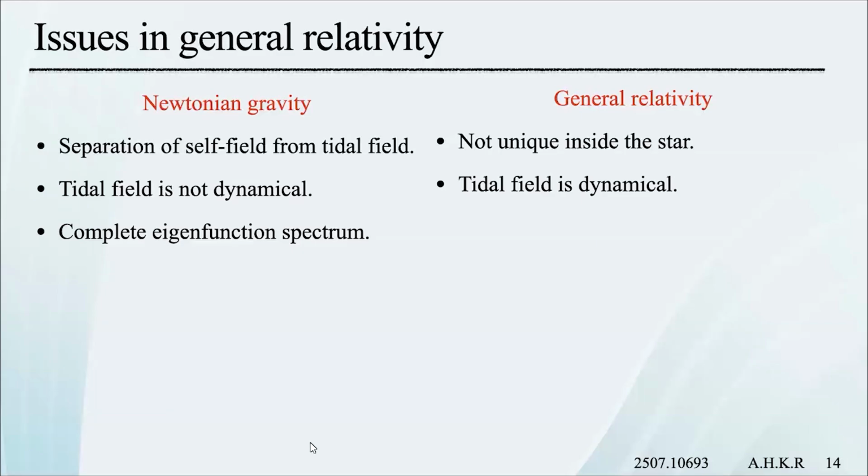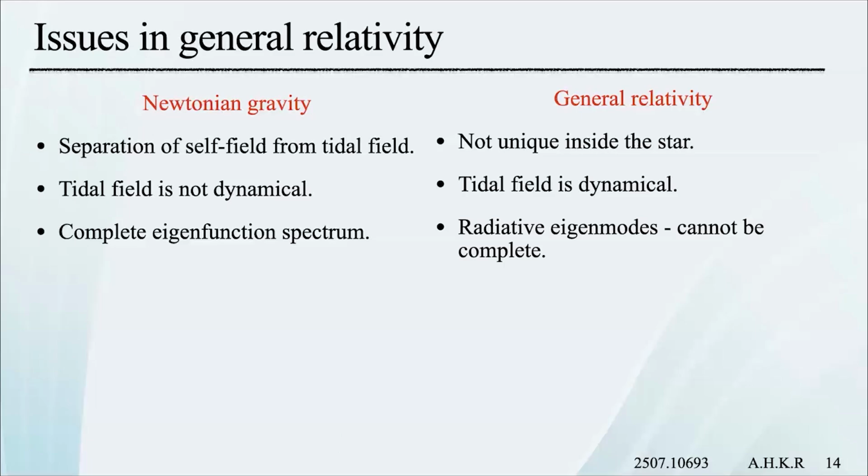In Newtonian gravity, there's also a complete eigenfunction spectrum, as I just demonstrated. In GR, that's not true with the traditional modes, because the usual modes that you look at are radiative eigenmodes of an isolated star. They lose energy to gravitational emission, and they are quasi-normal modes in nature, and they also have tails and so on.